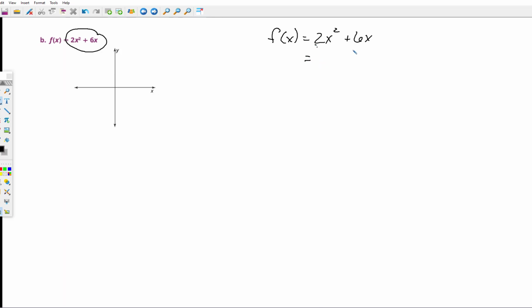Well, what number divides into both 2 and 6? Just 2. Is there an x in both? Yes. And so 2x squared divided by 2x is x. 6x divided by 2x is 3. Do I have a power left?